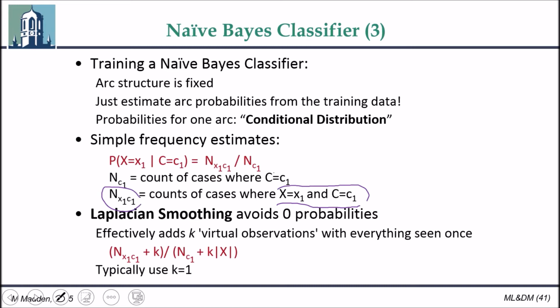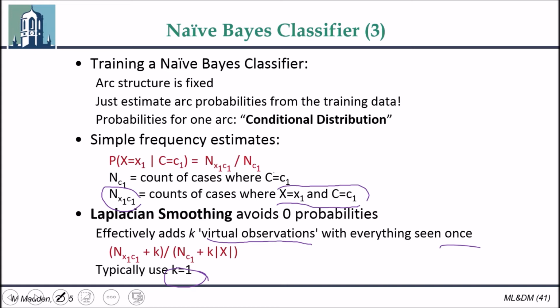So there's an idea called Laplacian smoothing, which effectively is to pretend that you've observed everything once, and you add some observations. K equal to 1 is a kind of classic case. When I say I've seen everything once, that means K equals 1. You add some extra observations to your data. The motivation for doing this is that by adding these, you'll make sure that you never have 0 probabilities, but these extra virtual observations will always be at smaller fractional values than your true observations.